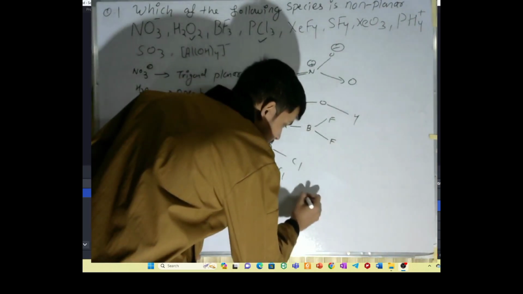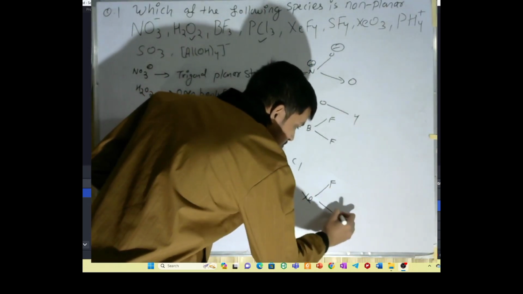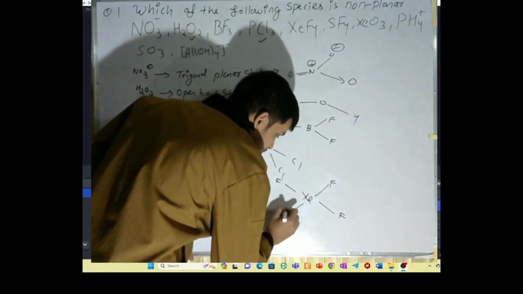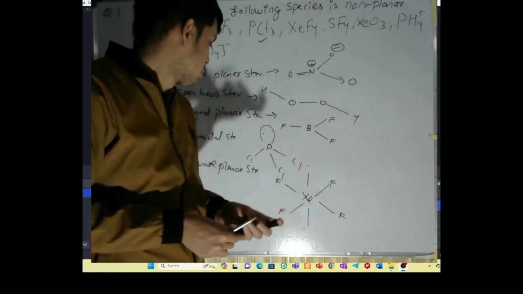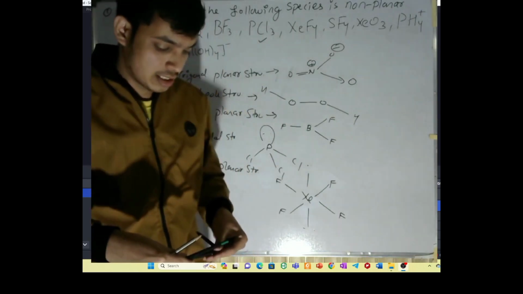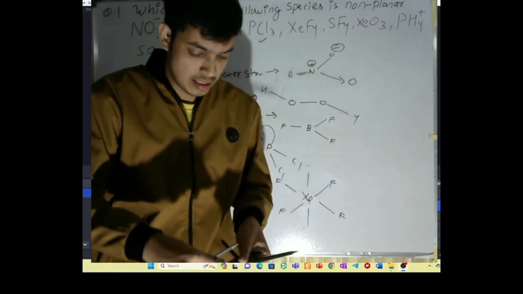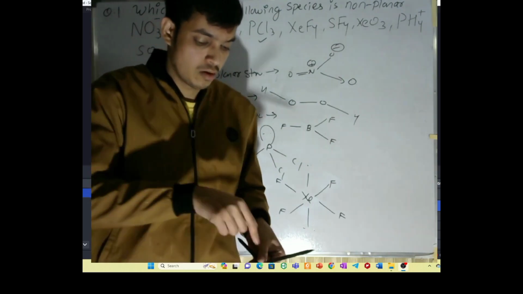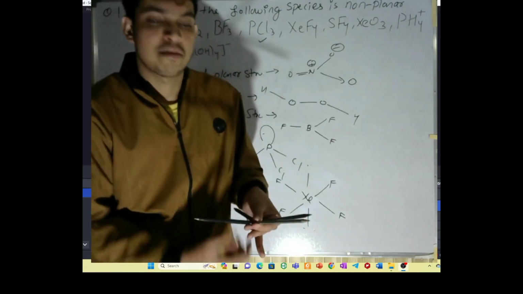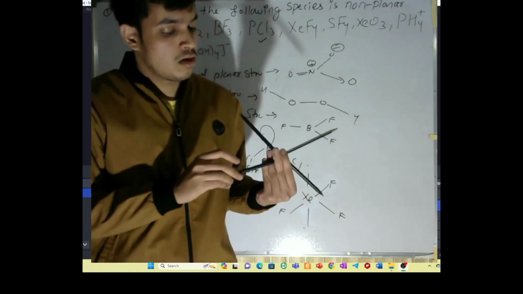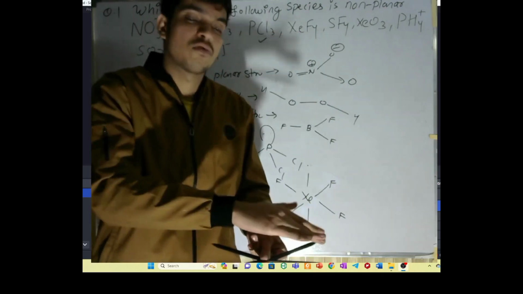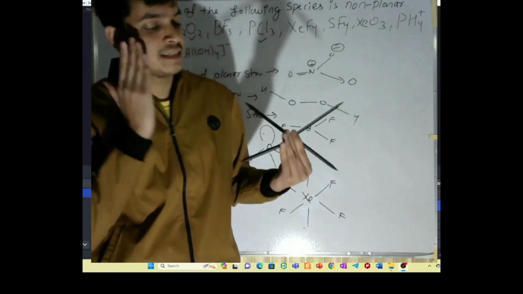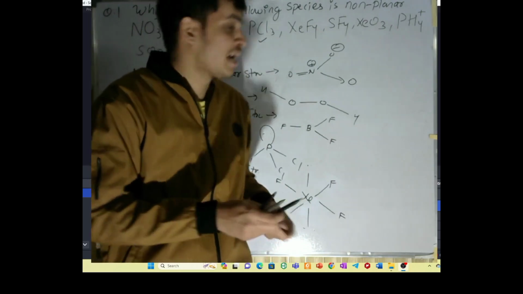It's like this: Xe, F, F, F, F, one lone pair above, one lone pair below. So you can see that all the five atoms lie in one plane, that is fluorine, fluorine, fluorine, fluorine, and xenon. All atoms lie in one plane. So it is an example of planar structure.